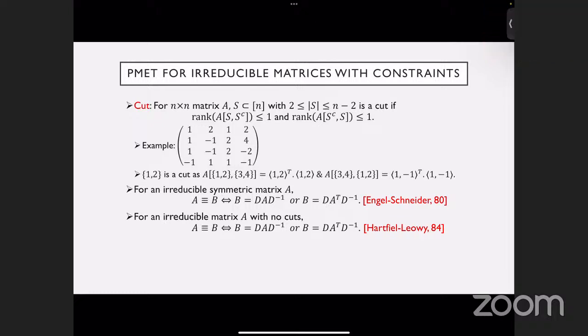For irreducible matrices with no cuts, a similar result was shown by Raphael and Loewy, where they showed that another matrix B has the same principal minors if B is diagonally equal to A or its transpose.